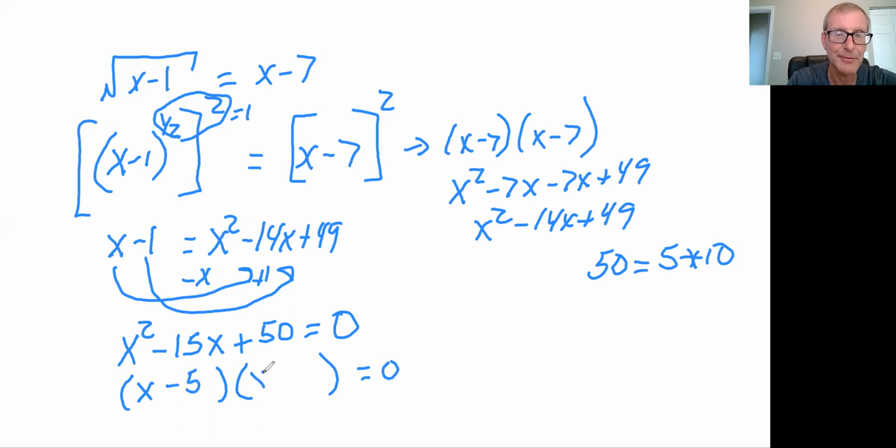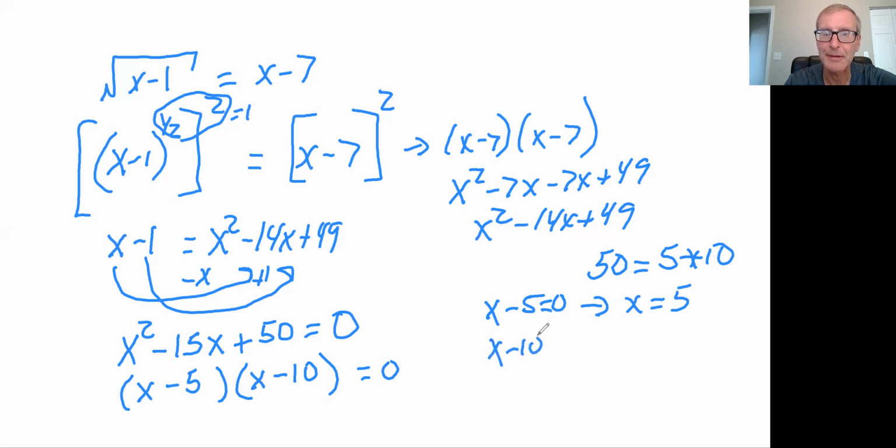Because the other term is plus 50. So minus 10 and minus 5 together gives us plus 50, and when you add those together, you get minus 15. So again, we have the 2 factors. So we have x minus 5 equals 0, so that implies x equals 5 is one possible solution. And then x minus 10 equals 0, and so another possible solution is x equals 10.